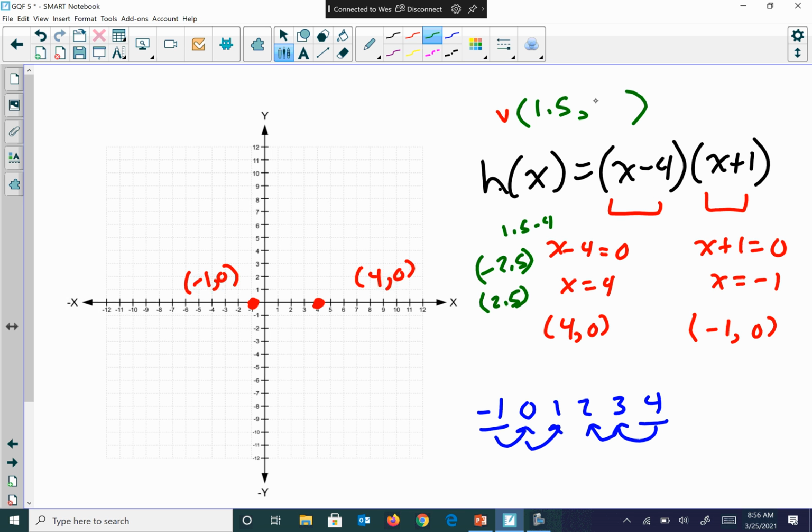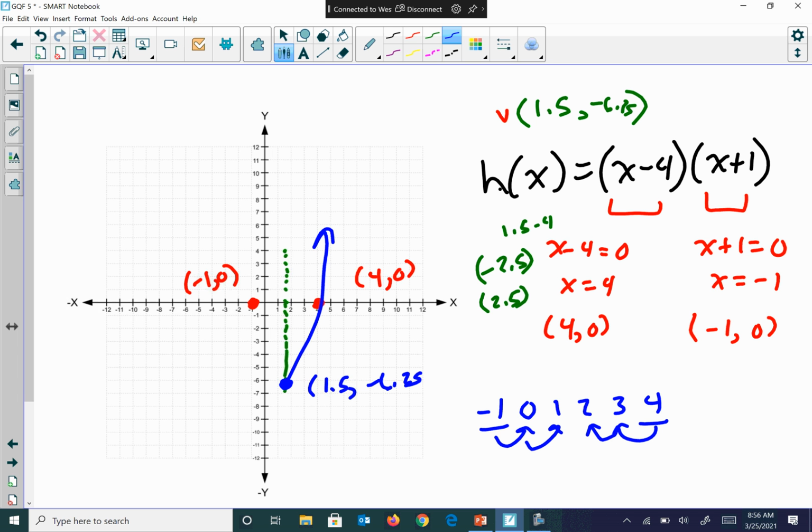This is going to give me negative 6.25 again. So 1.5, here's my axis of symmetry. Okay, so I'm going to get 1.5 comma negative 6.25, which is right down here. So 1.5, negative 6.25.